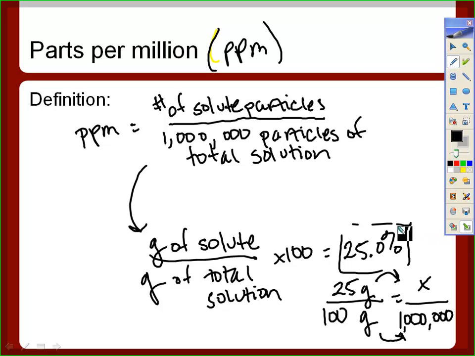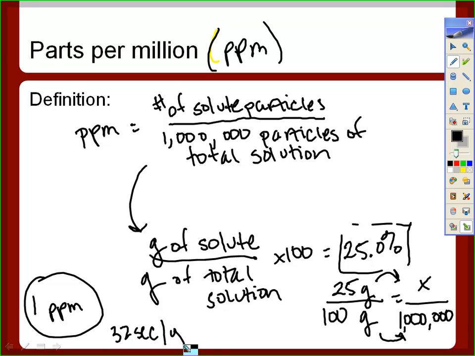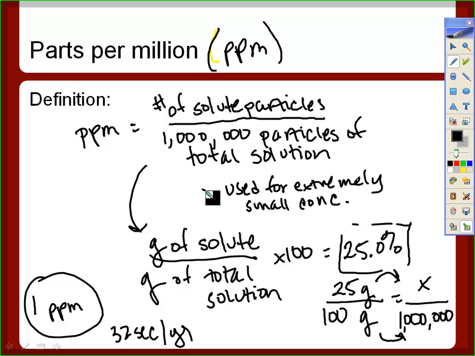So if I had something on the order of 1 part per million, that's like 32 seconds out of a year. That's the order we're talking about here. Very, very small. So it's used for extremely small concentrations.